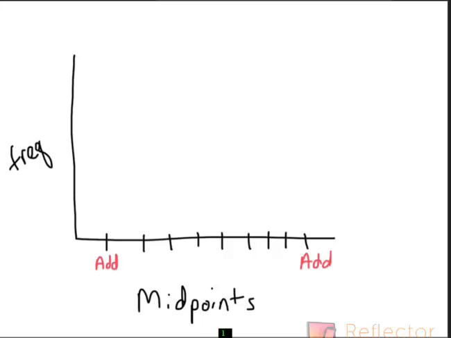The reason I do that is so that I have a point here and here, so that my frequency polygon looks something like this. We'll look at the one for our particular problem in a moment, but a polygon must be a closed figure, and this closes us off with the x-axis, and so we have to start at 0 and end at 0.